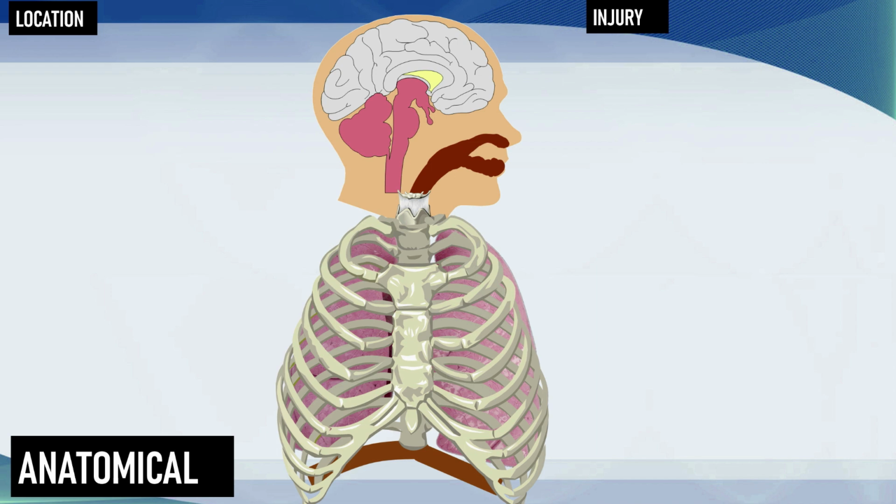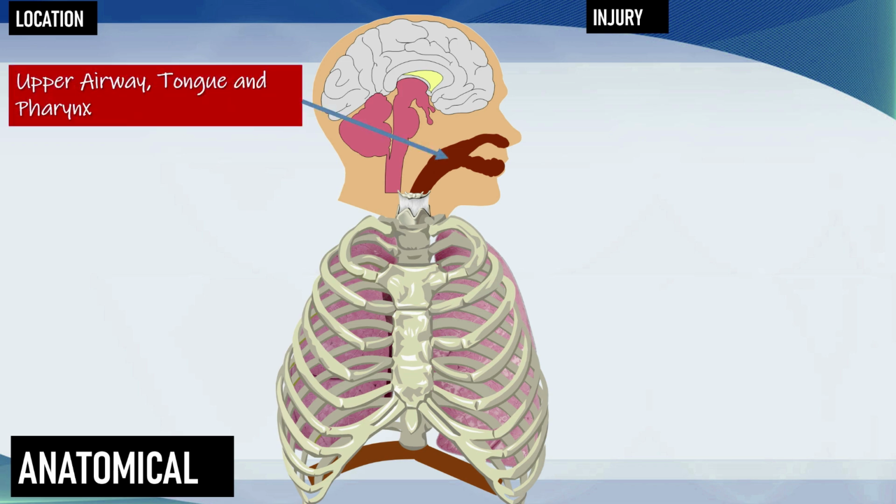The other cause of failing to ventilate is anatomical. And if you follow the gross anatomy of the respiratory apparatus, there are many places where things can go wrong. So let's start with the mouth and work our way down. First of all, we have our upper airway. Remember, gas passes up through the mouth or the nasal passages and then into the pharynx and down to the larynx.